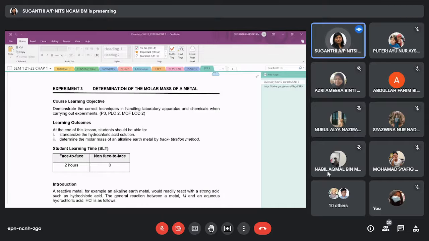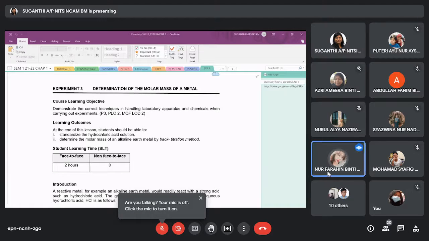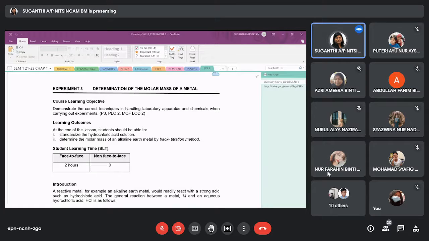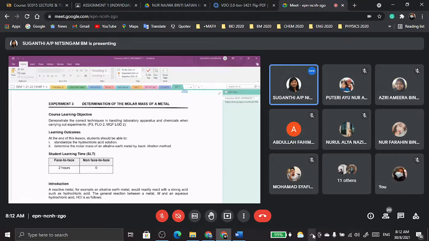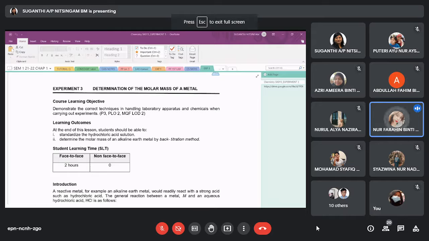How do you fill a pipette? What do you do? Farahin? How do you fill a pipette, girl? What is the operator guna untuk fill in pipette? I forgot the words in English, teacher. Okay, never mind, tell me in Malay. Corong.